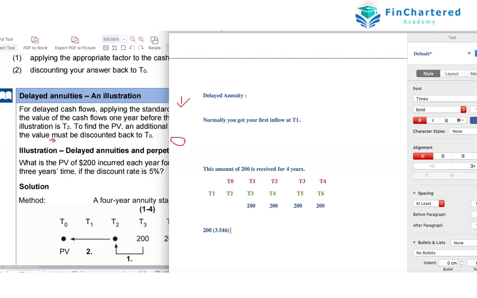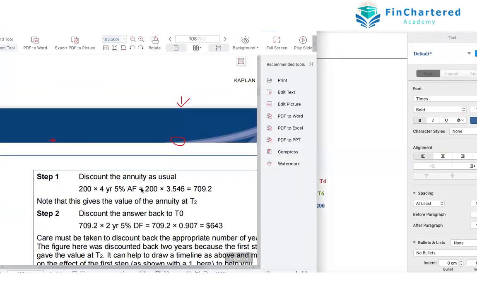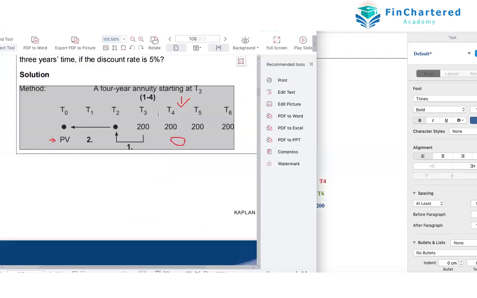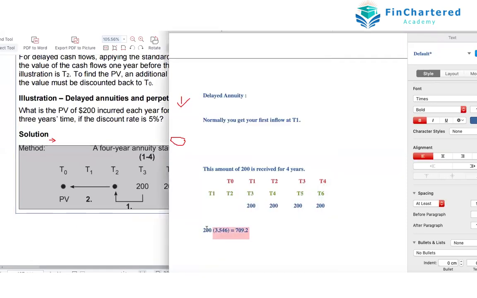200 into 3.546 is 709.2. Now I know this is a figure I've got, meaning that the value of this 200, 200, 200, 200 received in time 3, time 4, time 5, time 6 has a value in time 2 of 709.2.